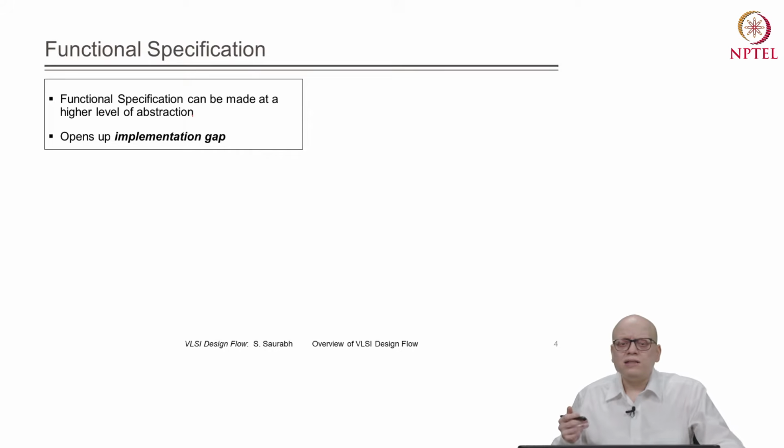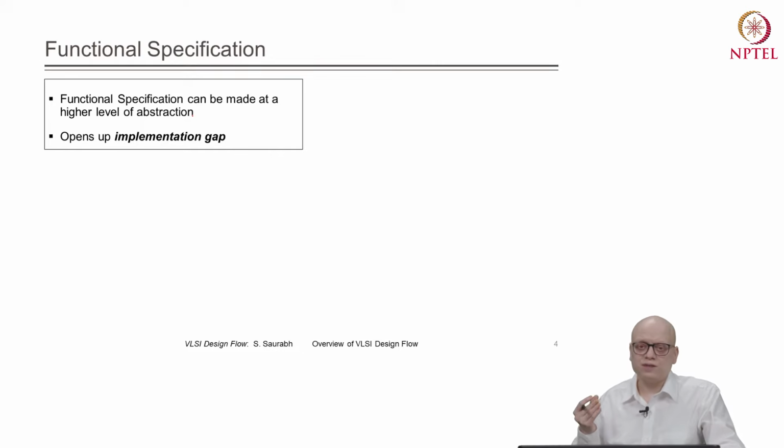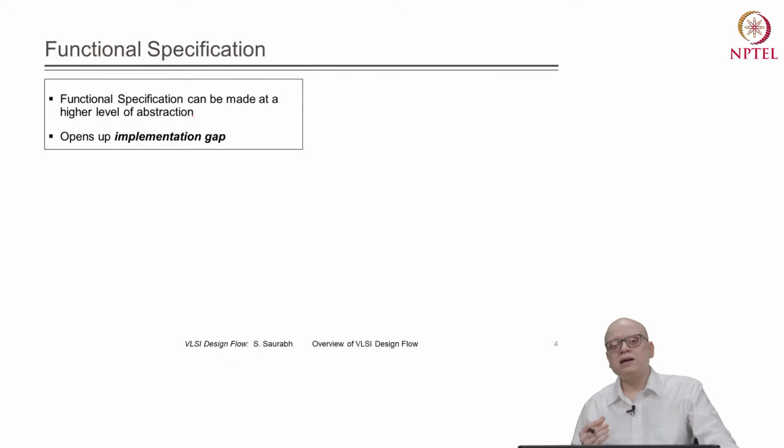Now, once we have done the partitioning of system to hardware and software, we take the hardware component and develop a functional specification for it. Now, this functional specification can be made in a high level language, for example, C, C++, or MATLAB.